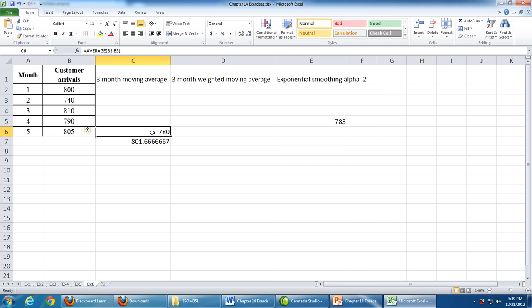Forecast for 5 will be the average of 4, 3, 2.